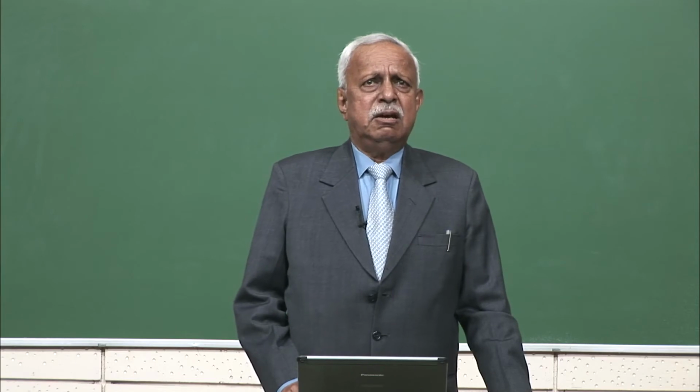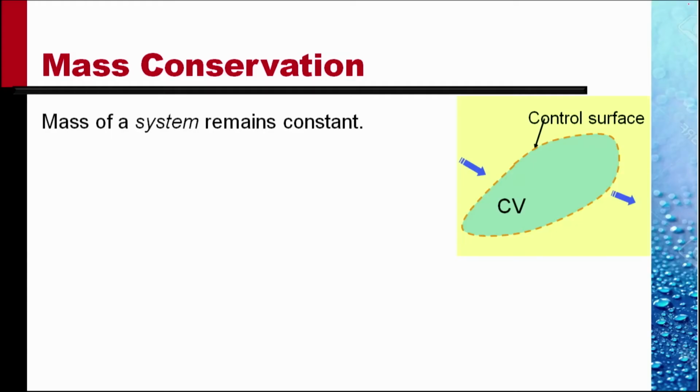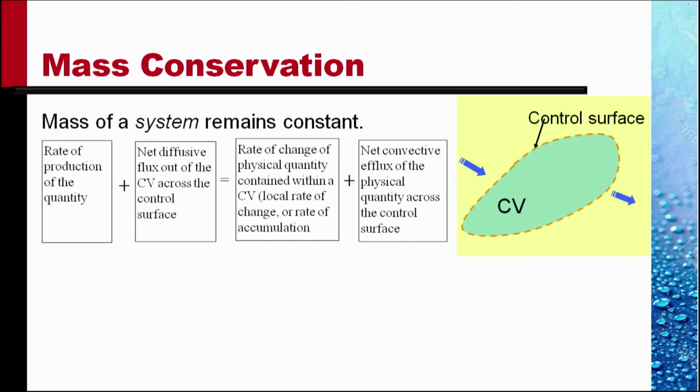And for this, we use Reynolds transport theorem. We have a control volume CV with a control surface. The mass can enter and cross the control surface.